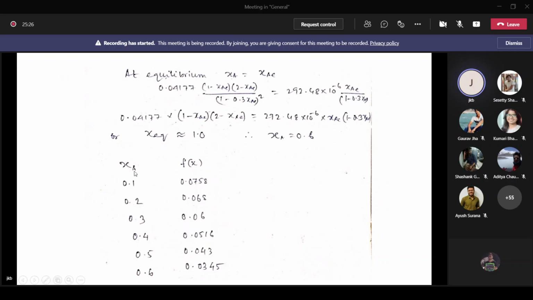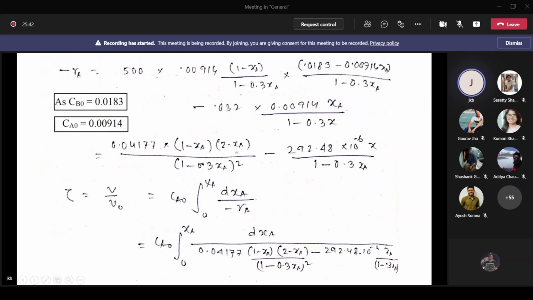Then you perform the graphical analysis or find the area under the curve starting from 0 to 0.6, and at various conversion levels calculate the function. What is this function? Reciprocal of minus Ra. That is 1 by the quantity in the denominator.